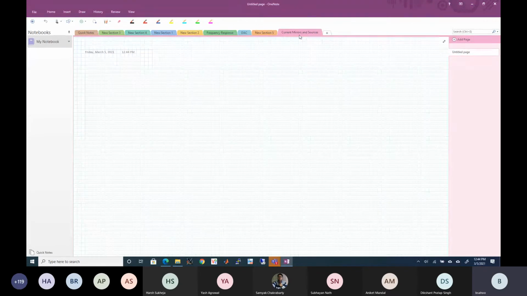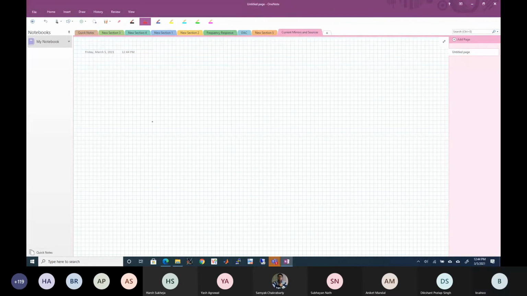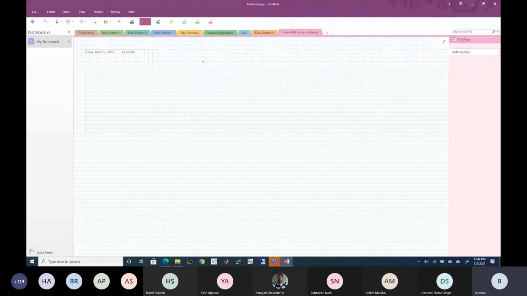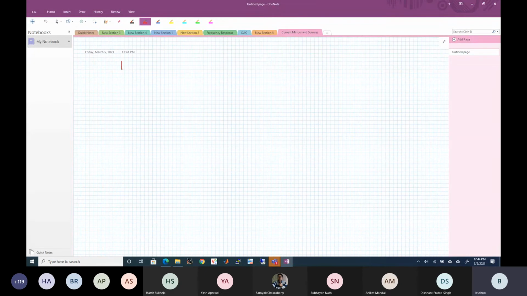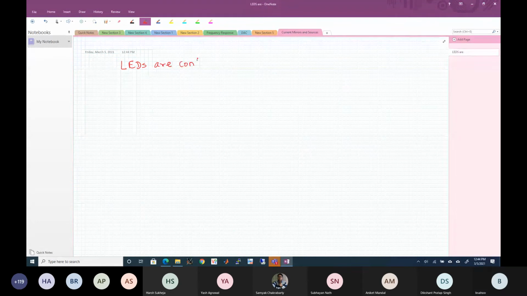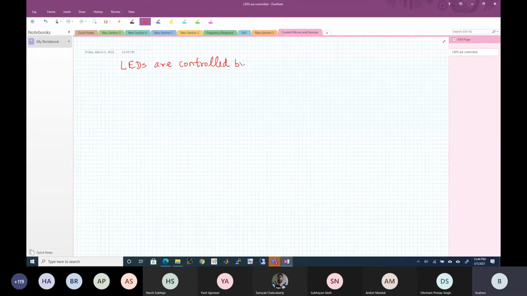Okay. So what you are watching on the screen right now is nothing but LEDs, controlled by a precise current source.